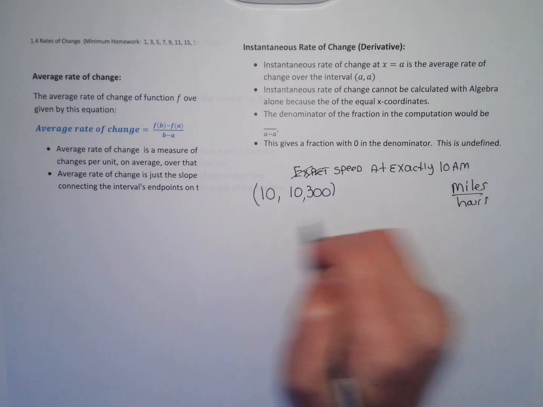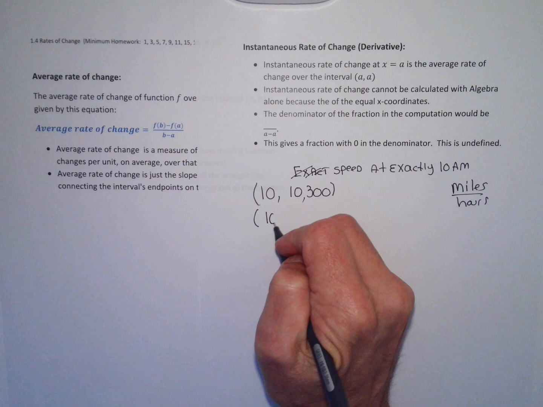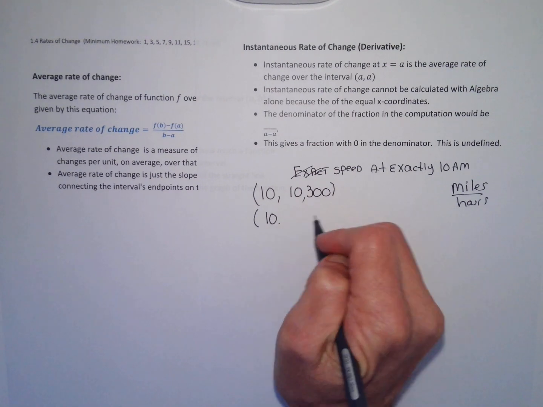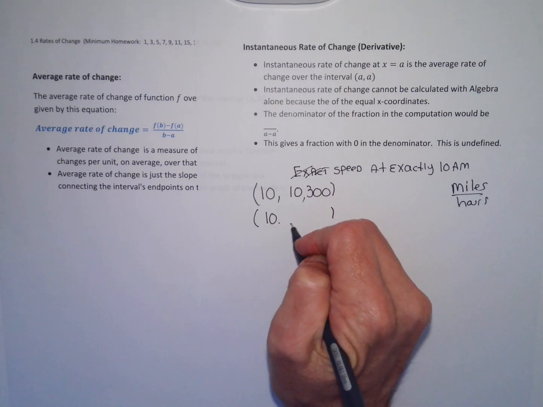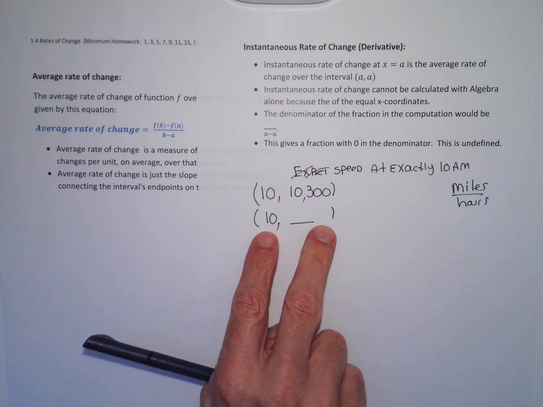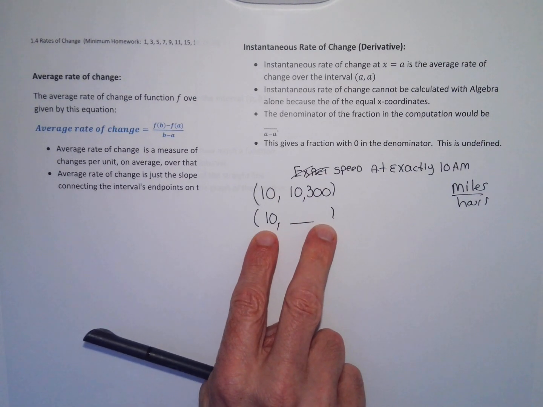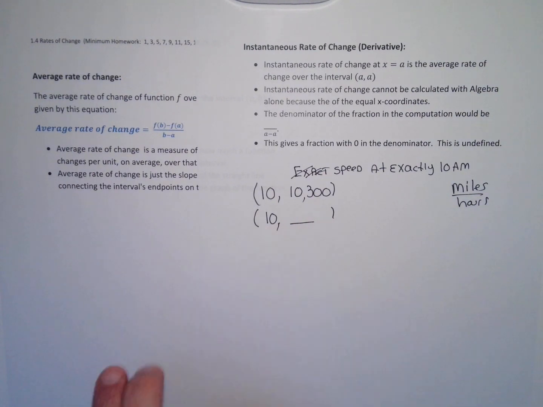What I essentially am going to do is create 2 points that are so close to each other that I can call them 1 point. And that's going to be the tricky part. Tricky for me to explain, tricky to do for a little bit.